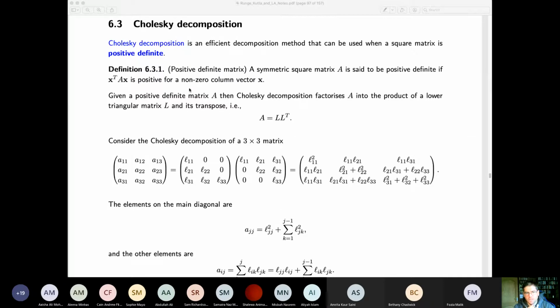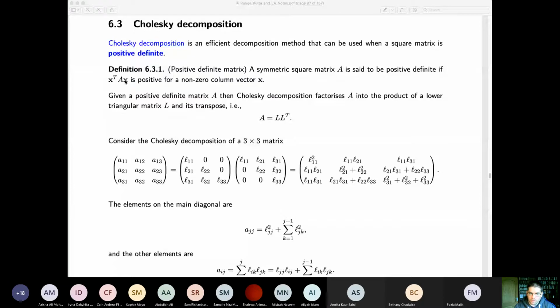It's said to be positive definite if for any non-zero column vector x, x transpose A times x is positive. There is another way to check whether you've got a positive definite matrix: if you've got a symmetric matrix which has all positive eigenvalues.